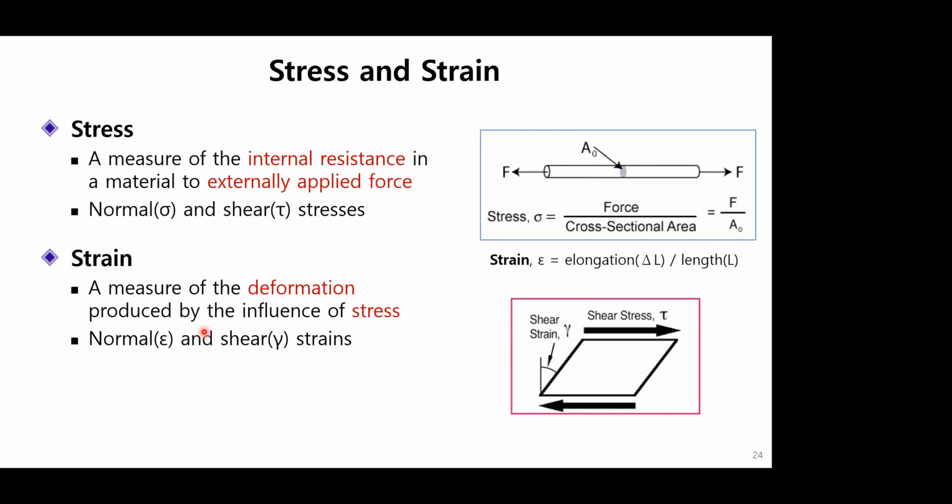Likewise, strain is a measure of deformation produced by the influence of stress. So there are also 2 components, normal and shear strains. Basically, all of the complicated structural deformation can be decomposed and expressed by these 2 types of normal and shear strains.